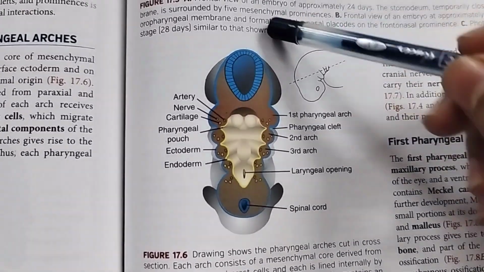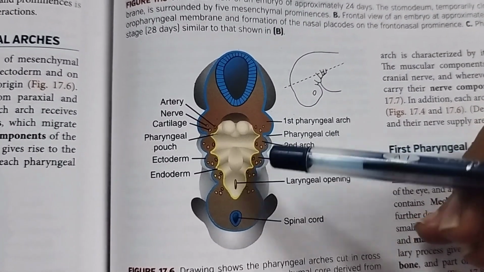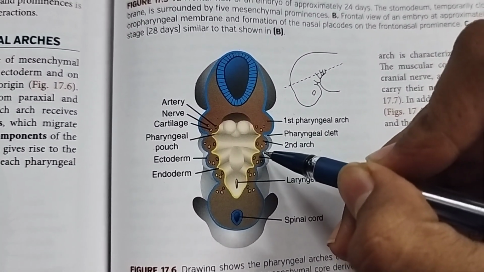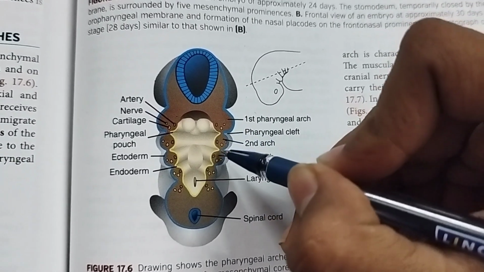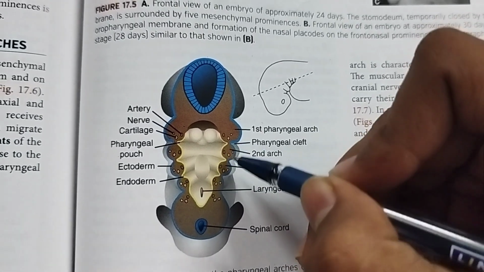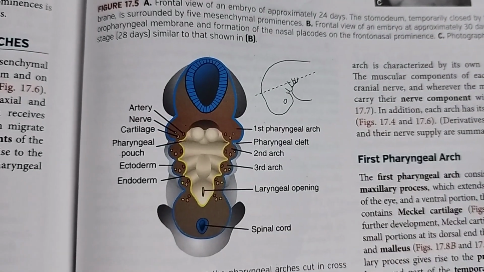Each pharyngeal arch is made up of an outer layer of ectoderm and an inner layer of endoderm. The ectodermal layer is shown in this picture by blue color and endoderm is shown by yellow color. And it has a core of mesenchymal tissue. What is mesenchymal tissue?